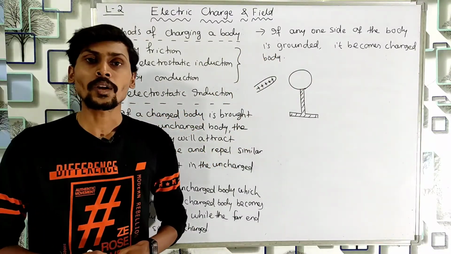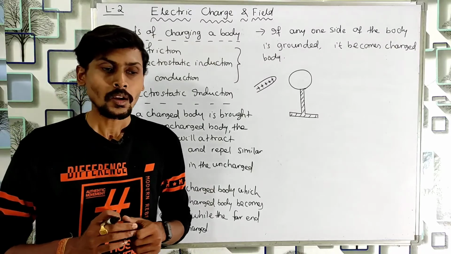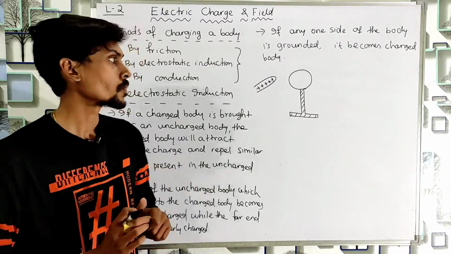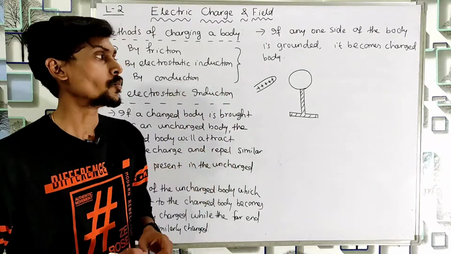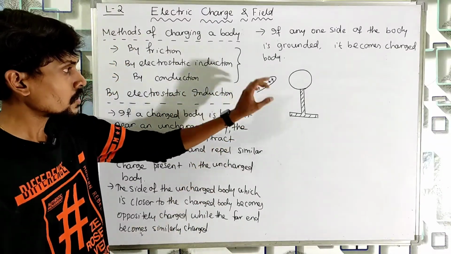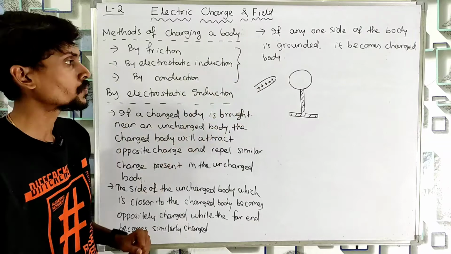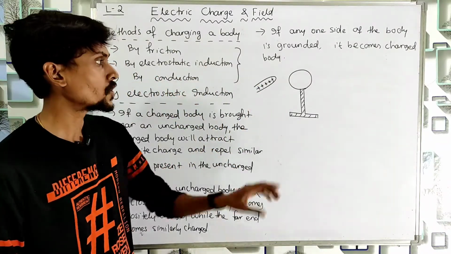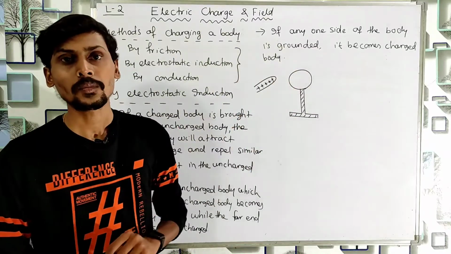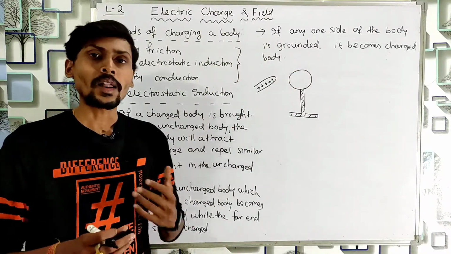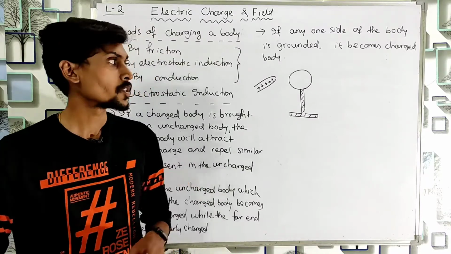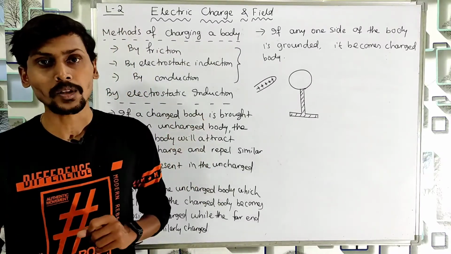Inside the metallic sphere we have electrons and protons, and we know that the protons are inside the nucleus, which cannot move, but the free electrons can move. Since this body is positively charged, it will attract the electrons present in the metallic sphere, because we know that unlike charges attract each other and like charges repel each other, meaning positive charge will attract negative charge.